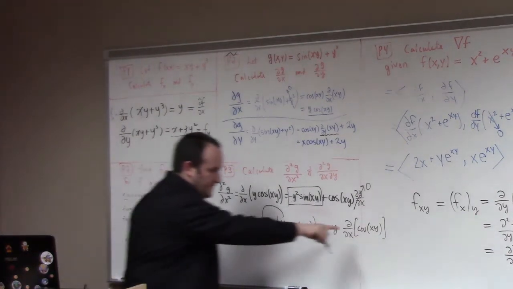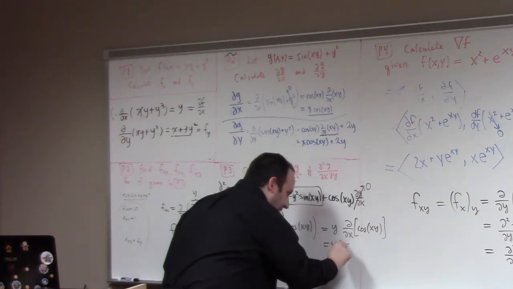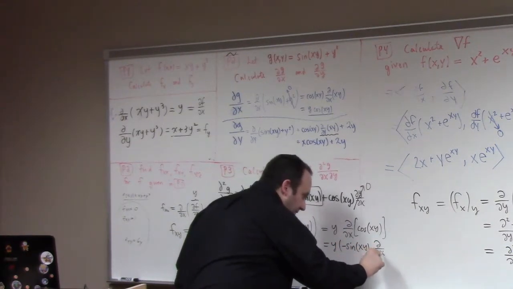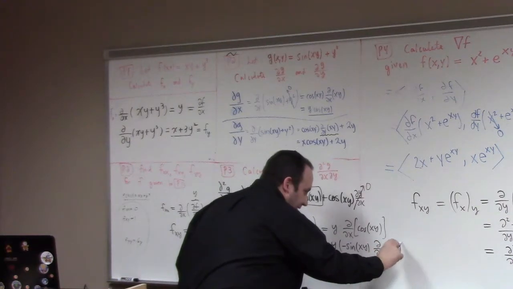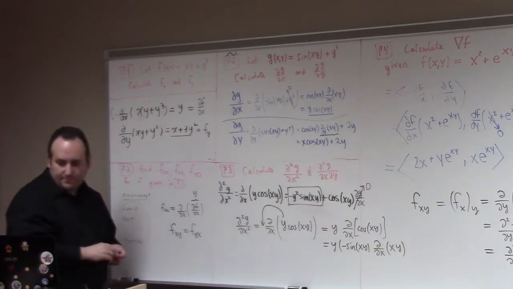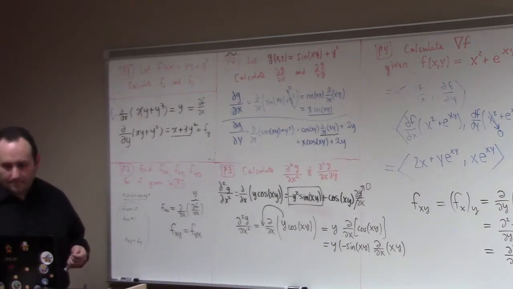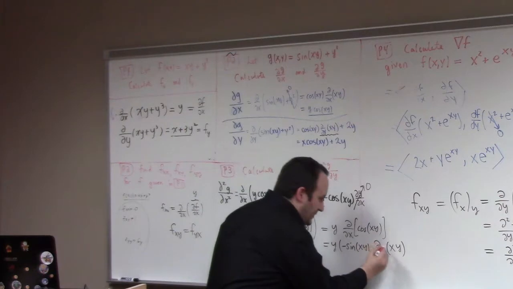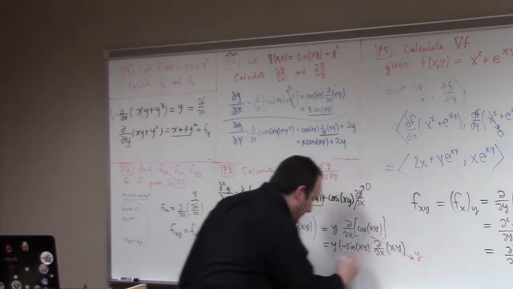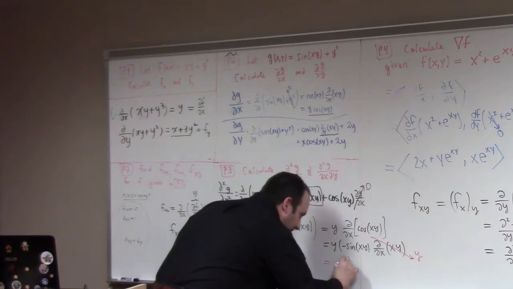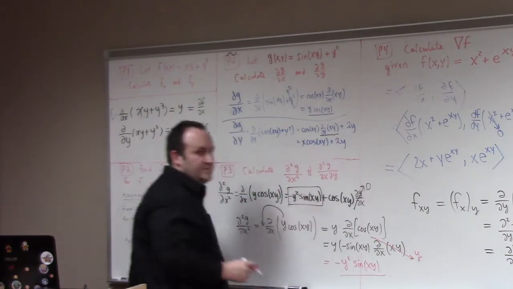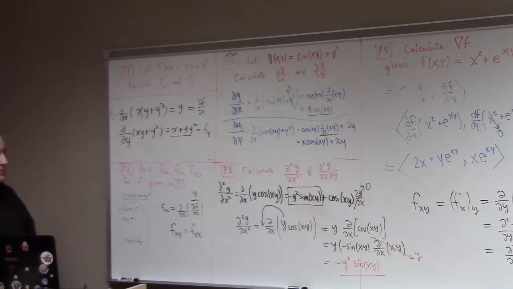And then this differentiates to minus sine of xy, right? And then chain rule says partial x of the inside function, which this time is xy. Now that partial derivative with respect to x of xy just simplifies to y. So that's why I get minus y squared sine of xy for the answer here. Does that make sense? I hope it makes sense.